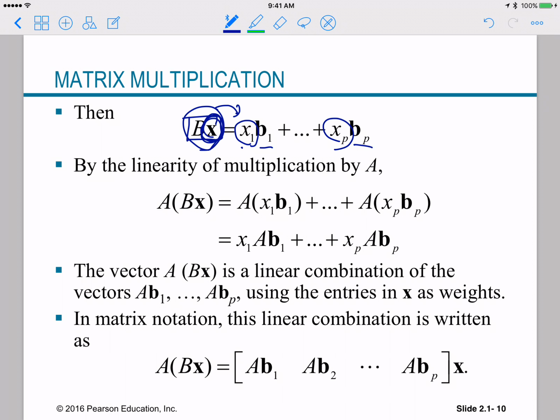And then let's further consider the transformation using A. A is applied on each term, right? Then we have this.